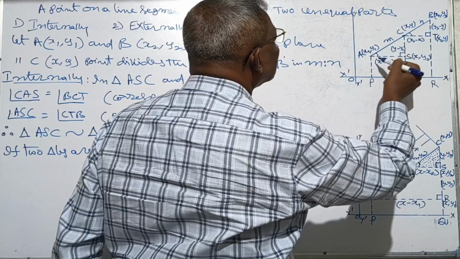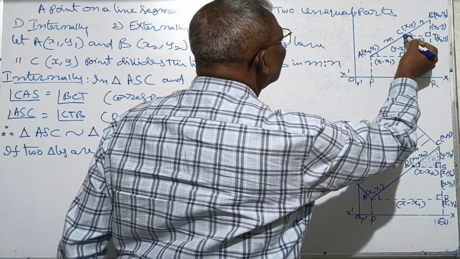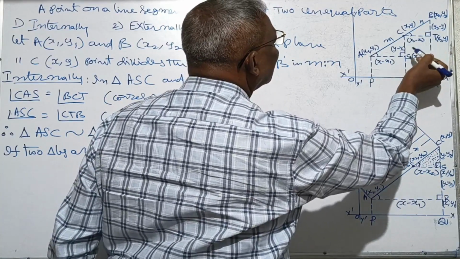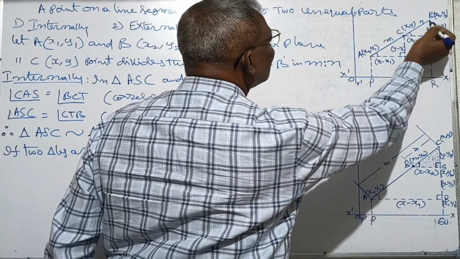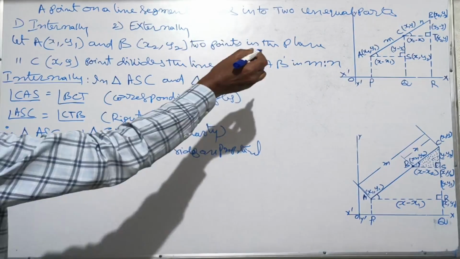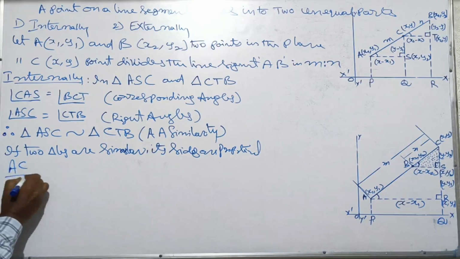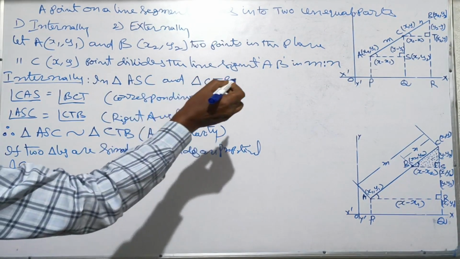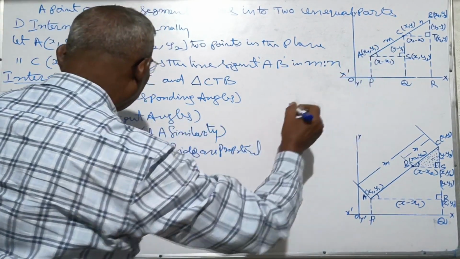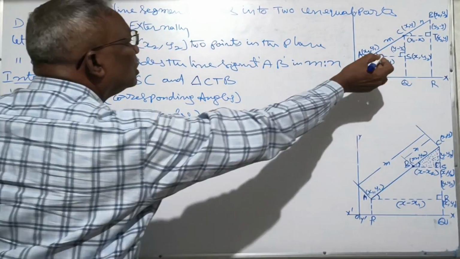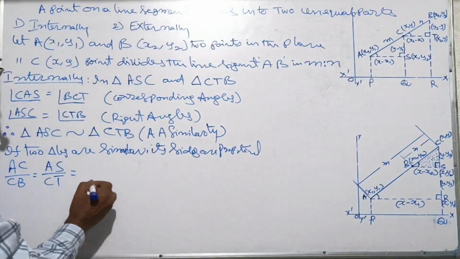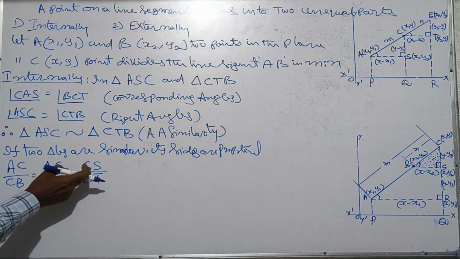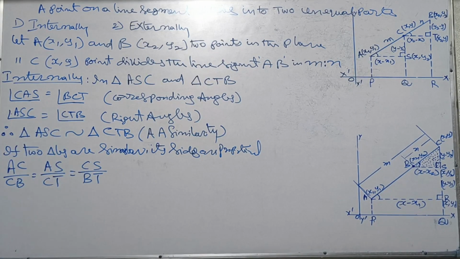In both triangles, AC by CB is equal to AS by CT is equal to CS by BT.